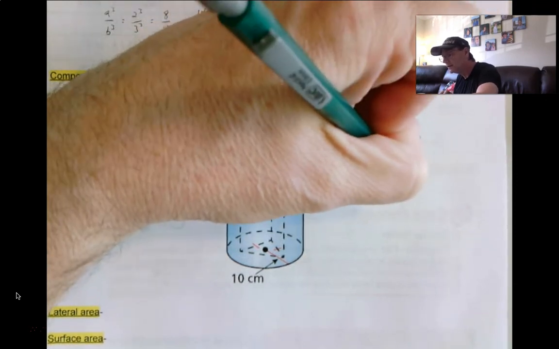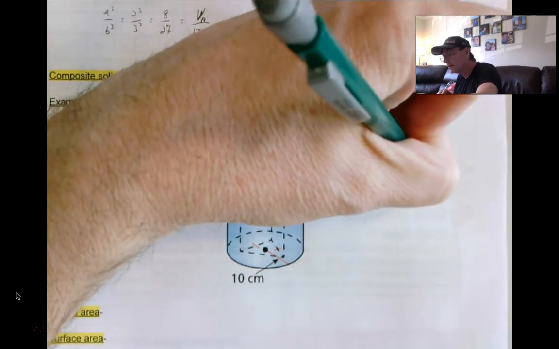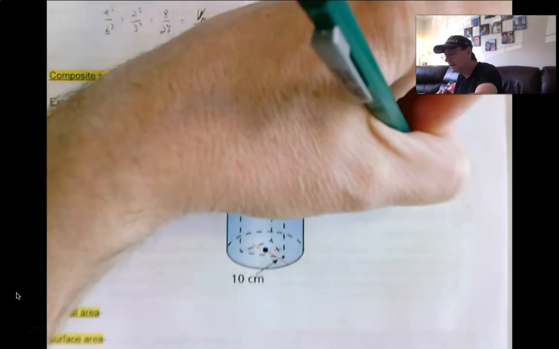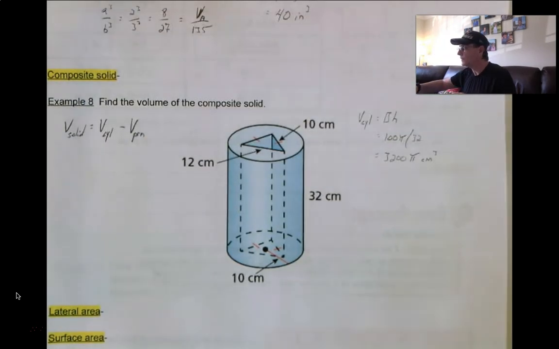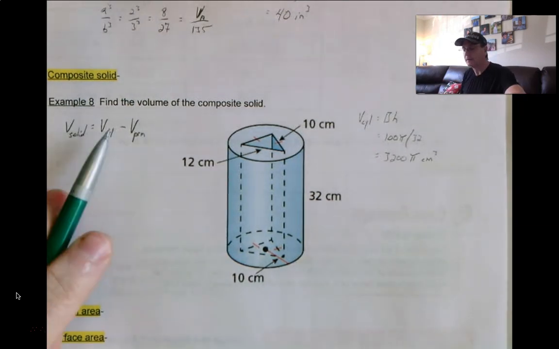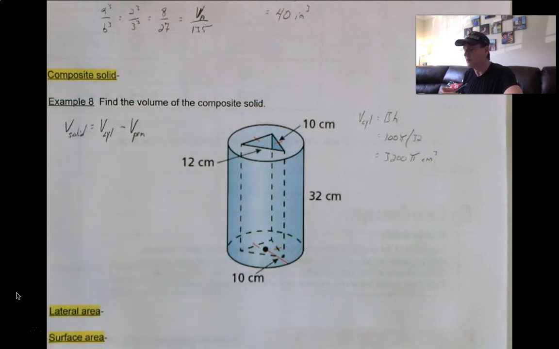So 3,200 pi centimeters cubed. I'm going to leave that in terms of pi for now, because I'm going to be subtracting something that's not going to have a pi in it. So eventually I'm going to multiply by pi, but for now I'm going to leave it in terms of pi.